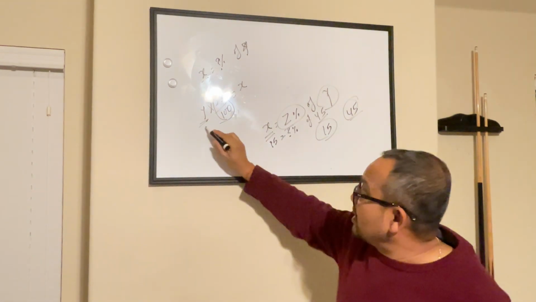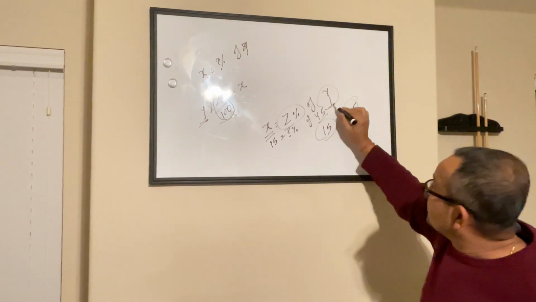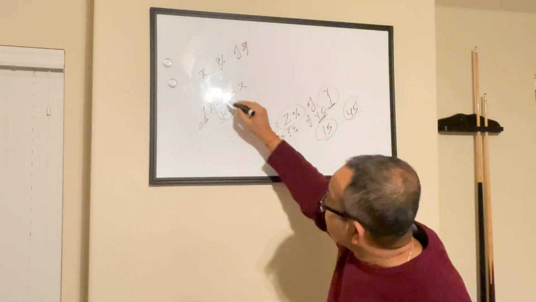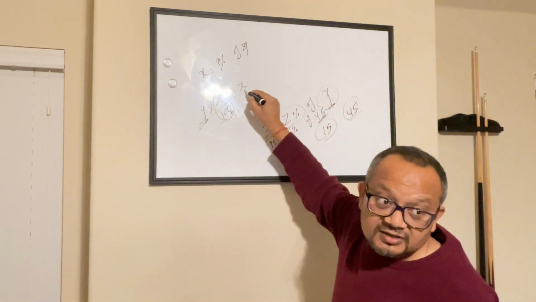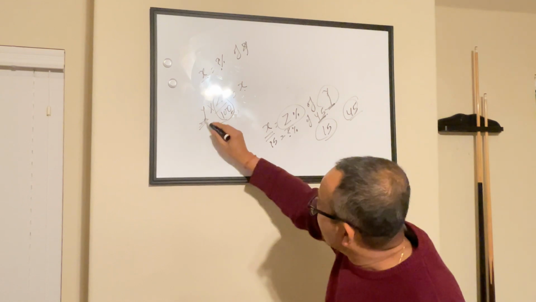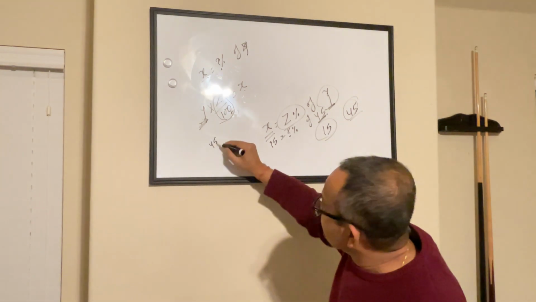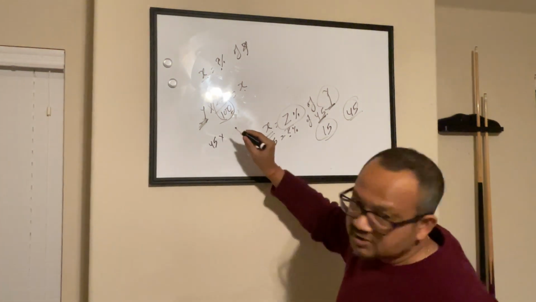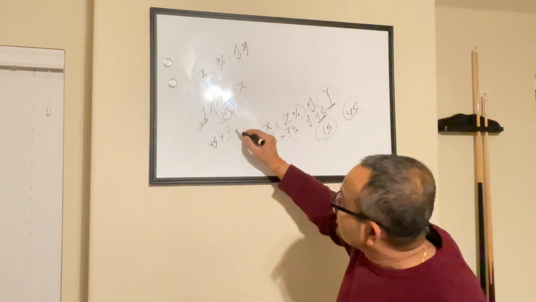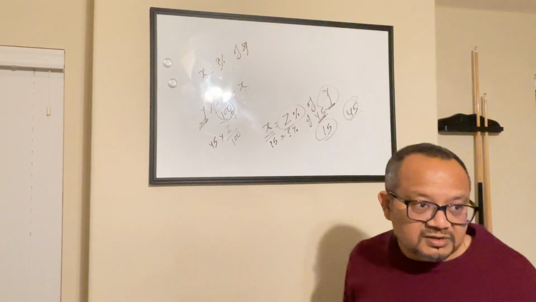Here Y is your dad's age. What percentage of your dad's age is your age? Let's put the values here. Y is your dad's age, 45 years. I don't know what the percentage is.